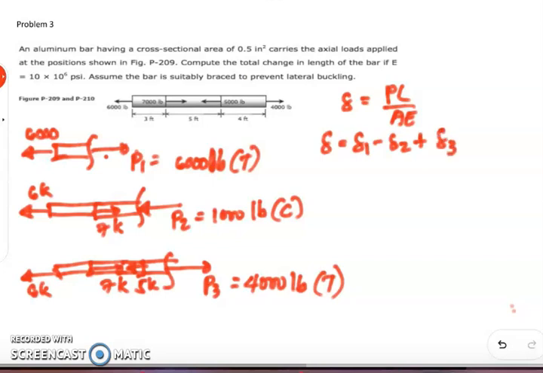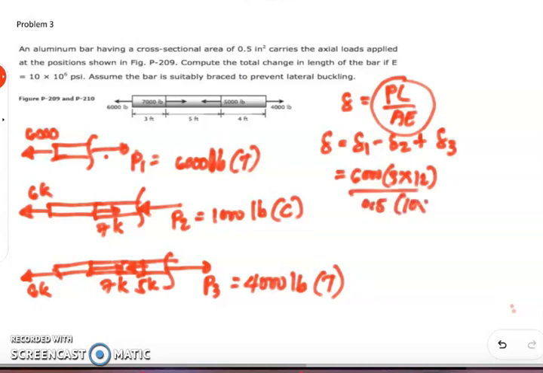So if I simply substitute the values using this equation, we have 6,000 times 3 times 12, since this is in feet, convert this one to inches, all over 0.5 times 10 times 10 to the 6th.